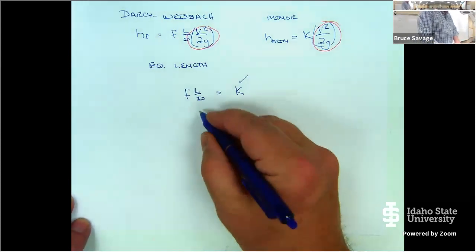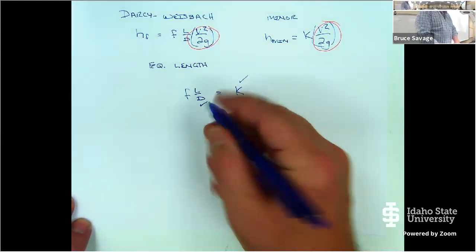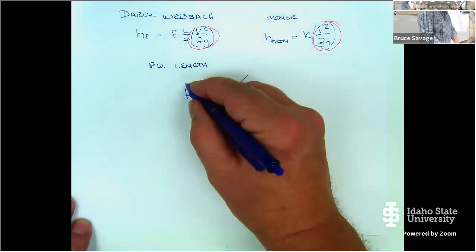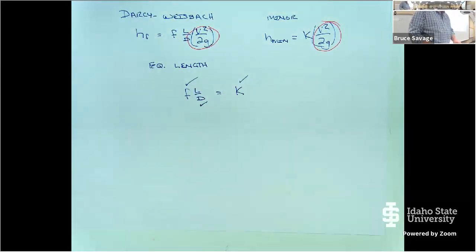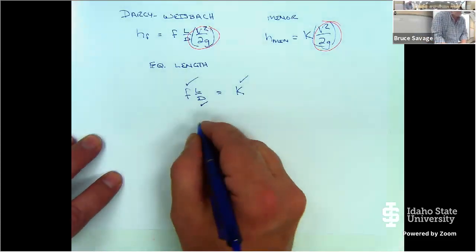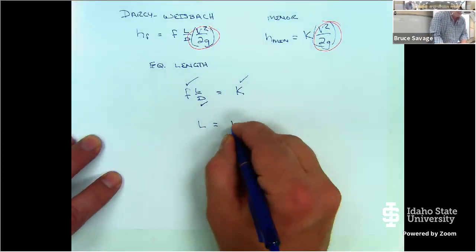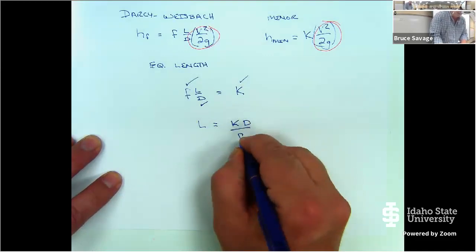I know the diameter of my pipe, got it. And based on the pipe type, I have a friction factor. The only unknown now is length. So I can go ahead and calculate my equivalent length of my pipe by simply solving that. The equivalent length in the equation is equal to K times D divided by f.